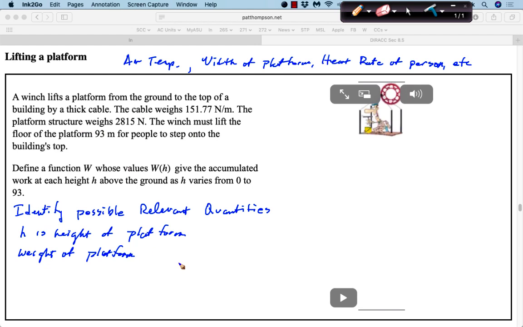So we can call it WP, say. What else is going to be important? The weight of the platform, the height. Alan? The distance of the cable, or how much is left. Okay, can we call it length? Yeah, length of the cable.